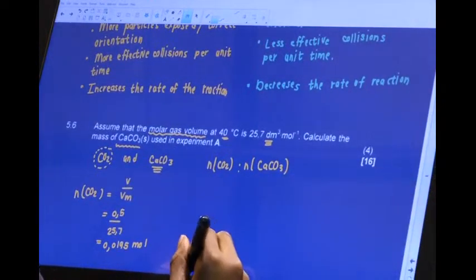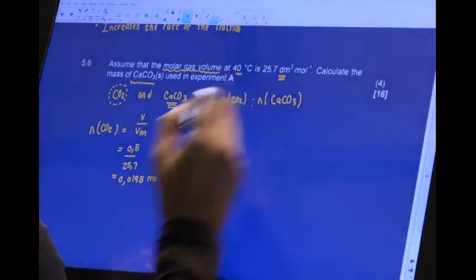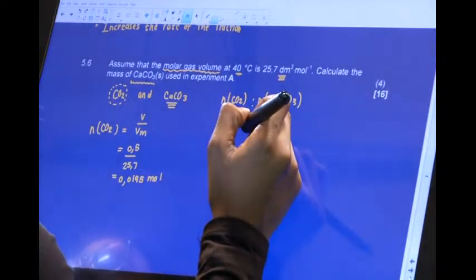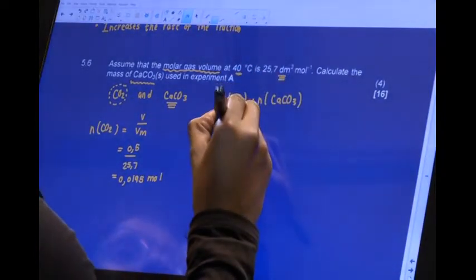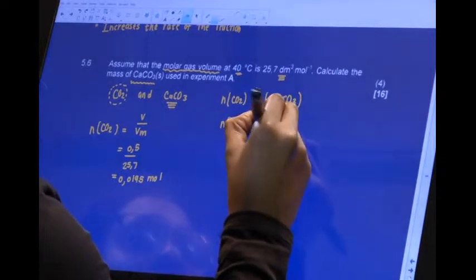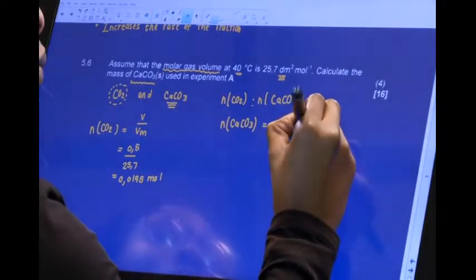And we are here. So these moles are equal. This means if I found the moles of CO2 as 0,0195, it means that the moles of CaCO3 will also be the same. So then the moles of CaCO3 are also 0,0195 because this is mole ratios.